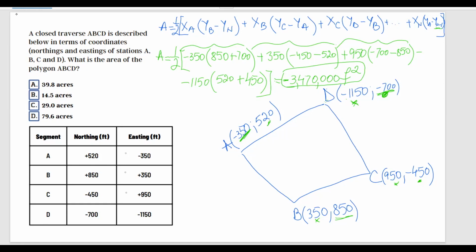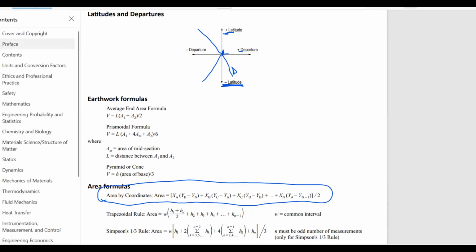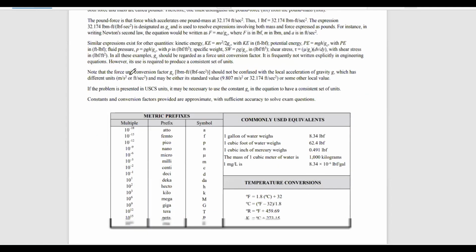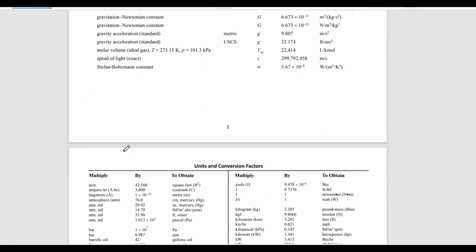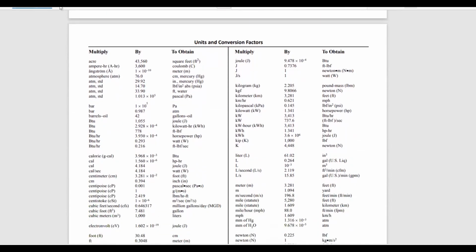So now pay attention, we have to transform this into acres. Let's go to the FE handbook and go to units. Okay, I'm gonna go downward a little bit. So here on this page, all the way at the top, the first unit is multiply acres by this number to obtain square feet.